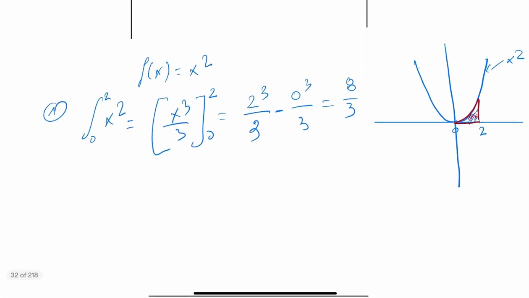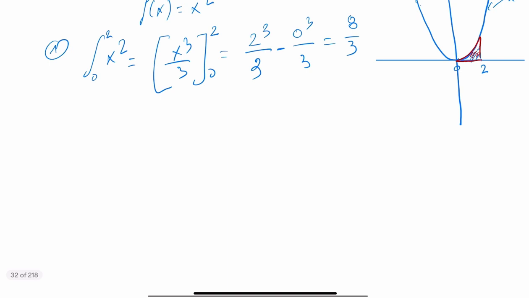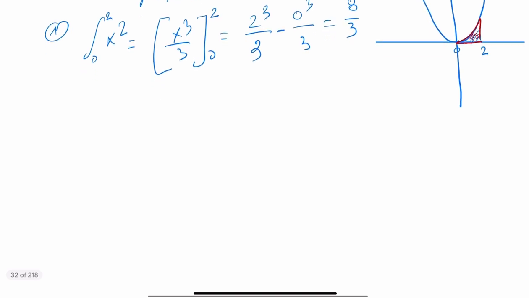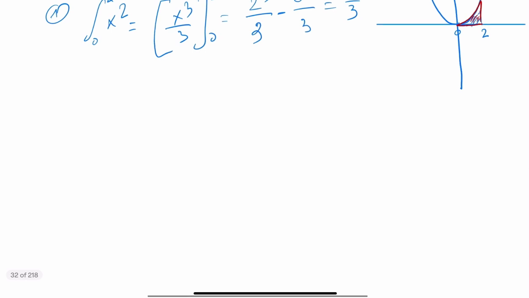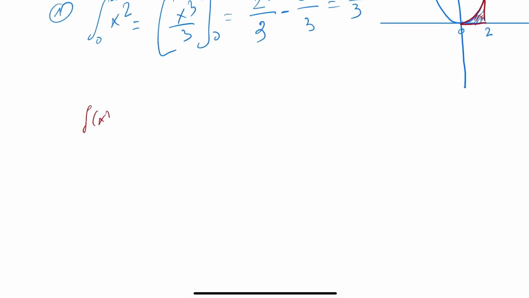Okay, now let's find the area below the x-axis. Sometimes the function is below the x-axis, like the function f of x is equal to minus x. As you know, the function is like this.